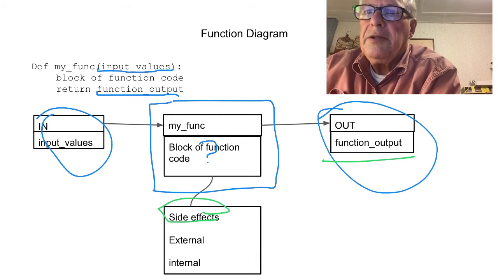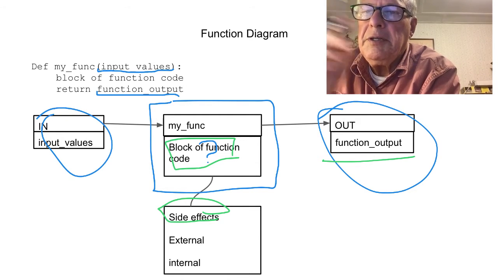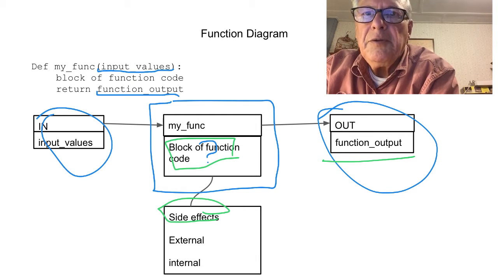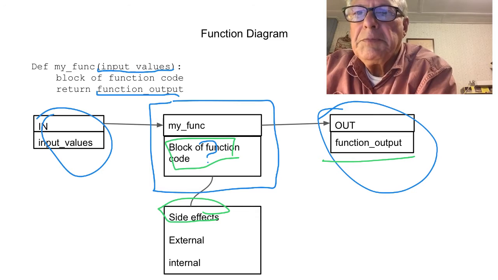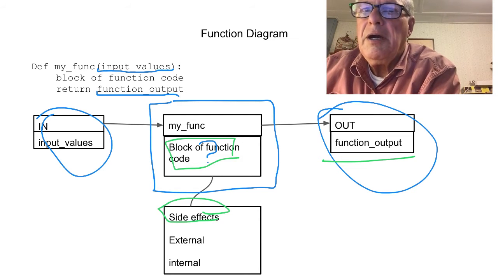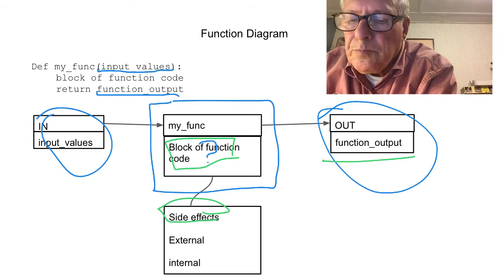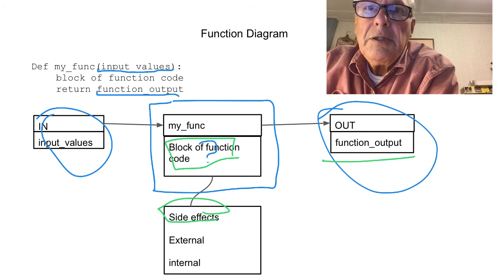But what if, in the course of executing the block of function code in here, it changes some other variable in your program? Changes something other than putting out a value. That is not unheard of.